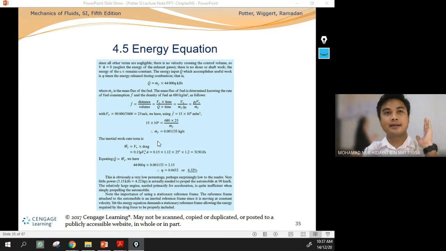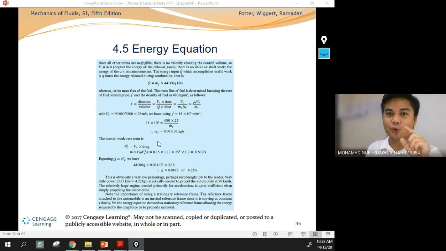If the flow is incompressible, the change of density is 0, so we can cancel the density. It becomes A1 V1 equal to A2 V2.